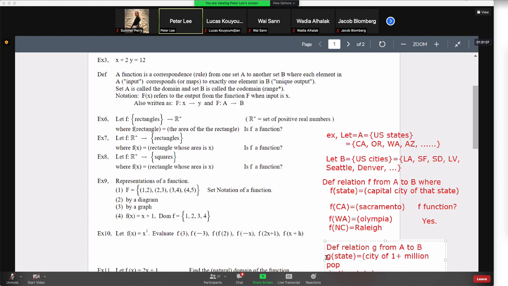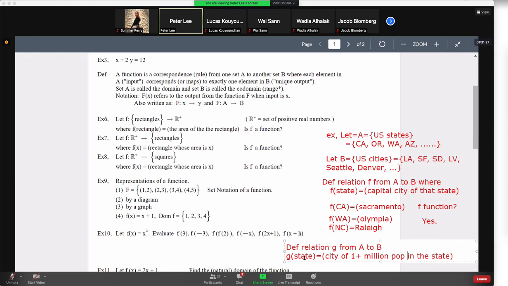Question: is this a function? Now, if I define g, is that a function? We have g of a state.